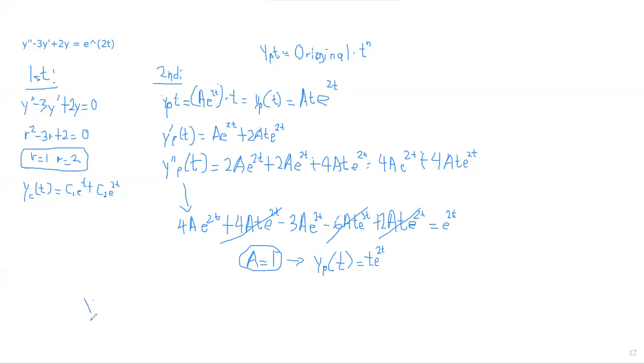So y(t) is y_c(t) plus y_p(t), which will simply equal c1 e^t plus c2 e^(2t) plus t e^(2t).